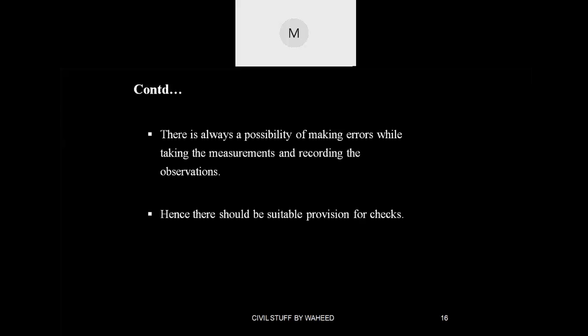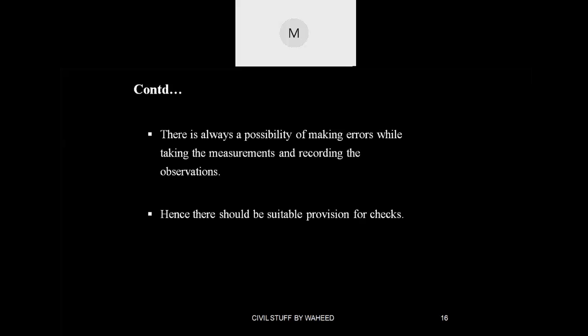There is always possibility of making errors while taking measurements and recording the observations. It is quite natural because errors are mostly possible. As I said, errors may be natural errors, instrumental errors or personal errors. Personal errors are the errors made by us.